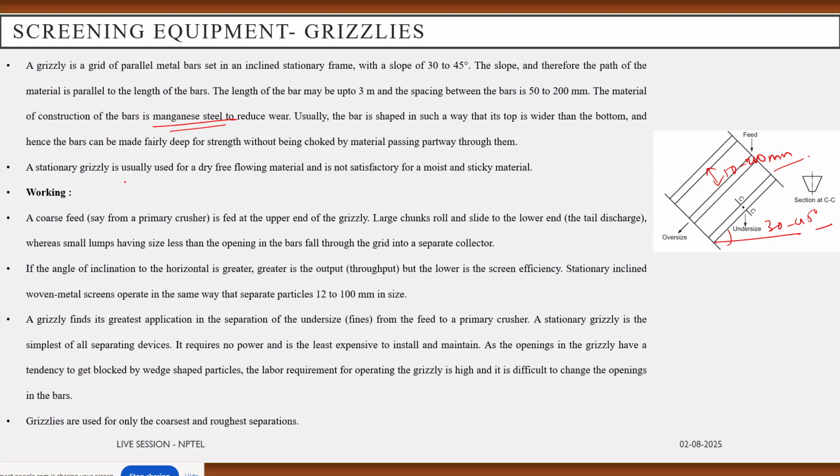A stationary grizzly is usually used for dry screening, but it does not give satisfactory performance for sticky or moisture-trapped materials. This kind of sticky material is not advisable to be treated in a stationary grizzly.